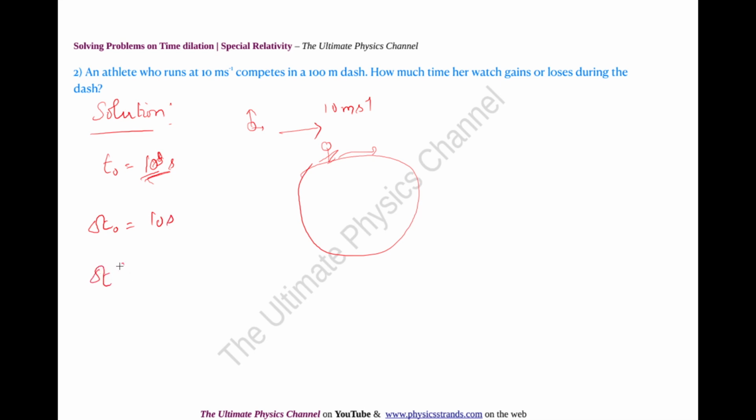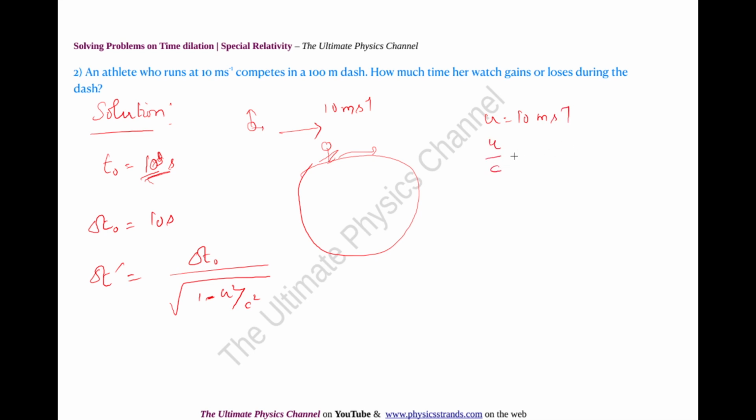Now the dilated time measured on the moving watch carried by the athlete is going to be given by this equation: 1 minus u squared over c squared. Right, now u is what? u is just 10 meters per second. It's not a very high speed or relativistic speed, so to say.